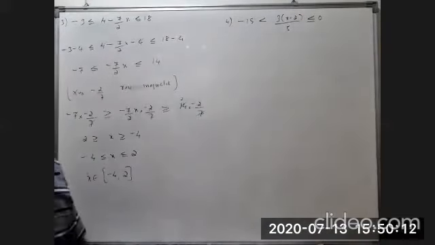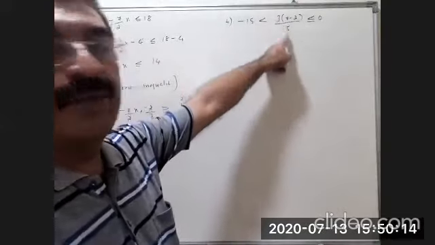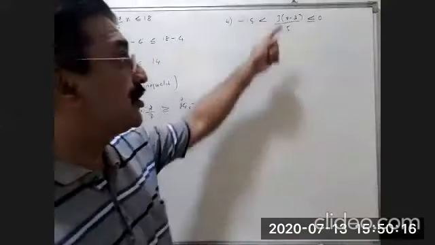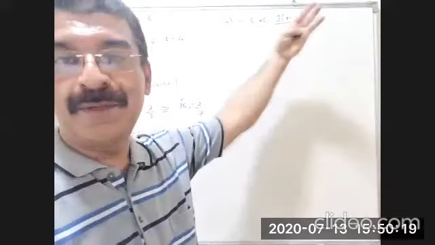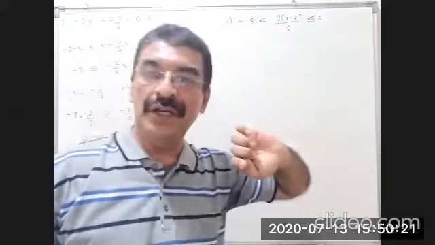Again, first we can remove 3 by 5. Now instead of dividing by 3 then multiplying by 5, it is not wrong, correct only.